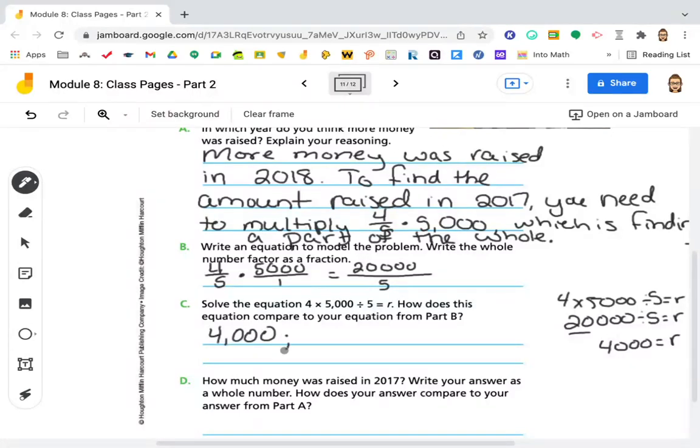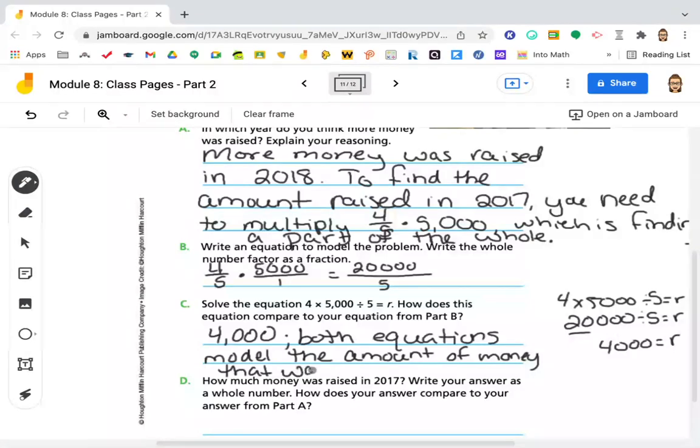And both of these equations model the amount of money that was raised in 2017.